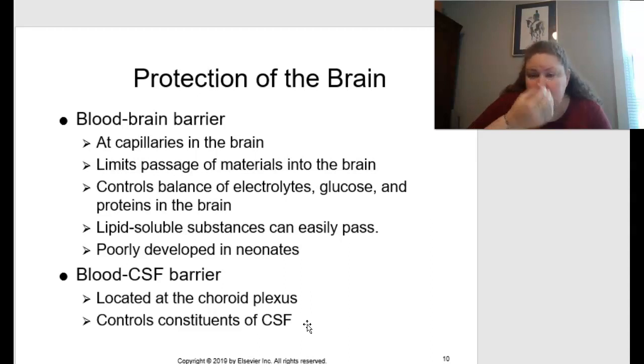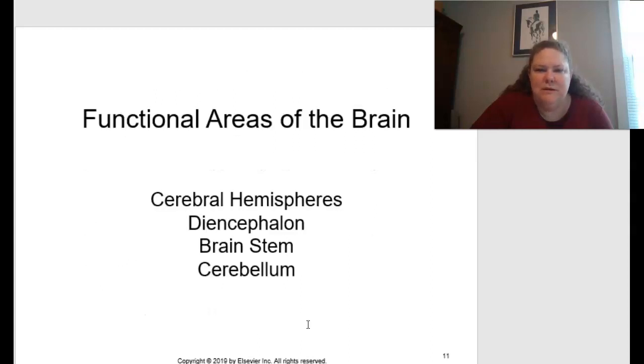So we can have a drug that works great on the lower systems, but if it can't go into the brain, and that's where we need it to work, then it's not going to be an effective drug. We also have the blood CSF barrier, located deep inside your lateral ventricles at the choroid plexus, and this controls the constituents of CSF. So the composition of it, what's going into it, what is it?